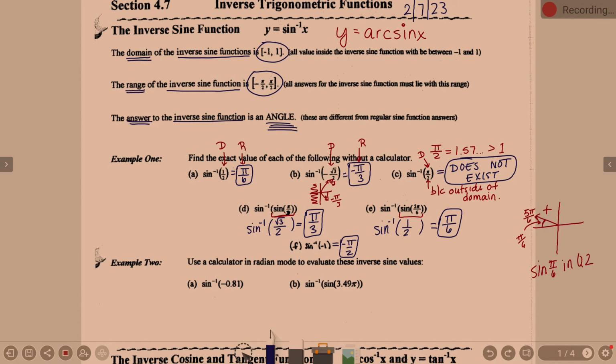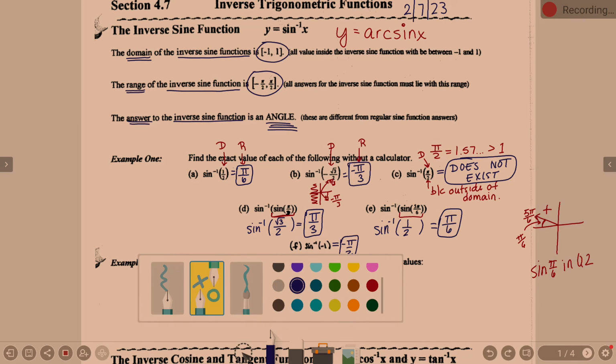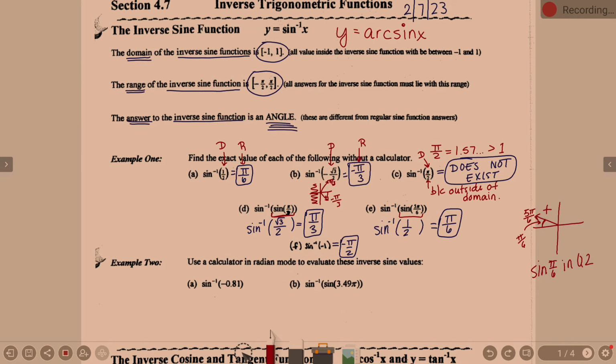Okay, example 2. Use a calculator in radian mode to evaluate these inverse sine values. Pretty self-explanatory if you ask me. Why do I need to be in radian mode? Because we want our answers in radians.